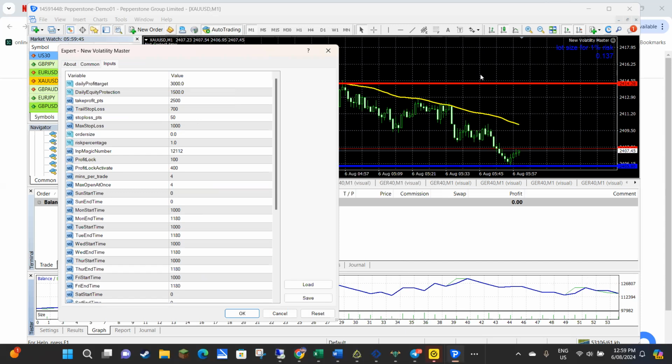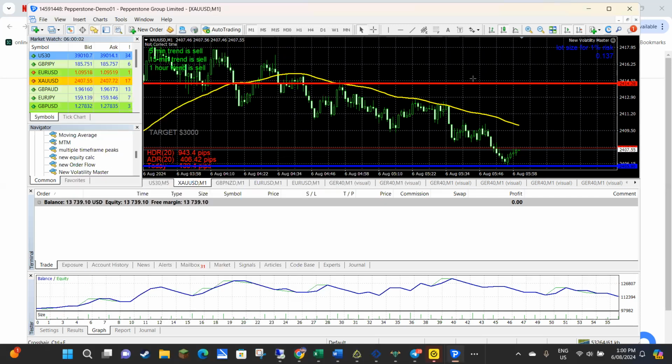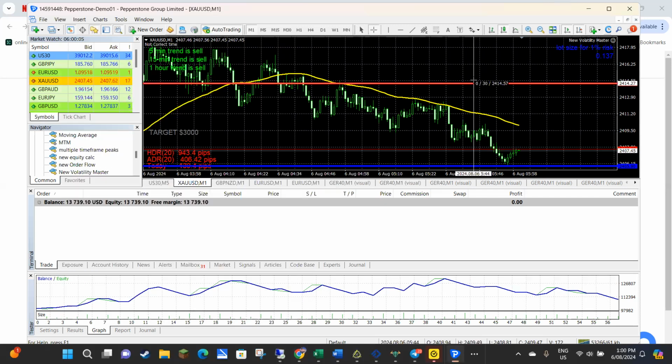Now, as with everything, you're free to choose what would suit, but my way of thinking with that setting is, okay, so that's 50 points above. Okay, so just a nice little bit above.